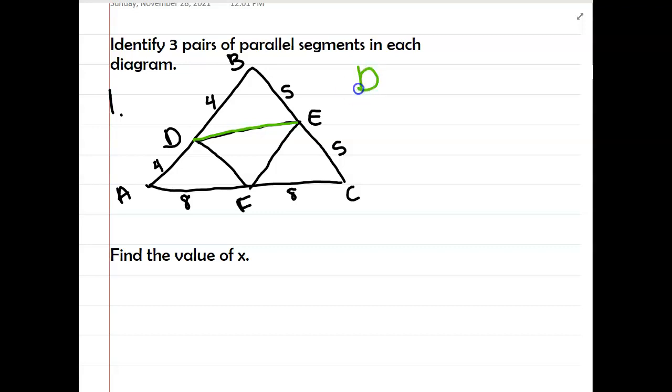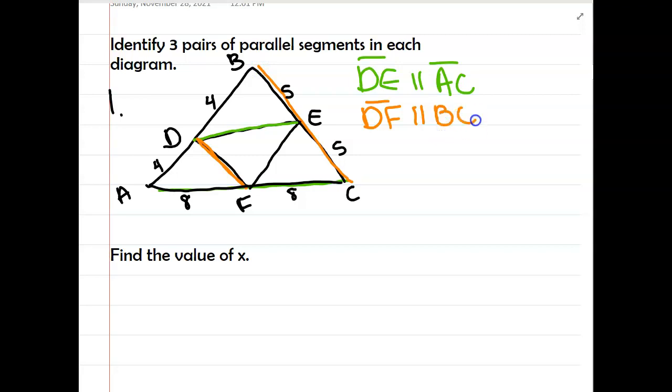So if DE is a mid-segment, it is going to be parallel to the opposite side. So DE is parallel to what? AC. Yeah, the opposite side there. Very good. Okay, what's another mid-segment? DF. Yeah, because we already said that D is a midpoint, and I know F is a midpoint because it cuts that in half. So if side DF is a midsegment, it is parallel to AC.